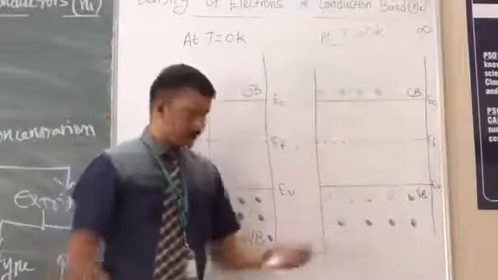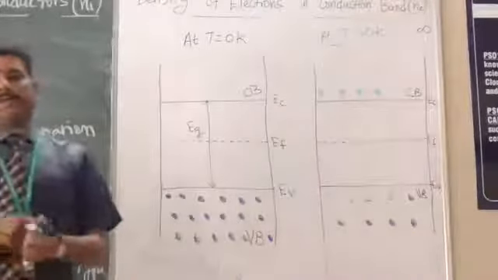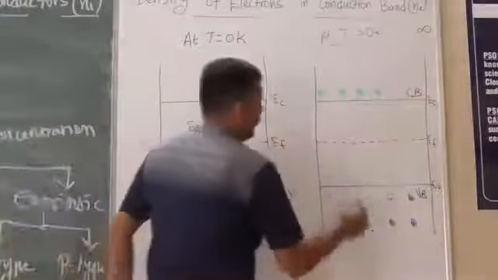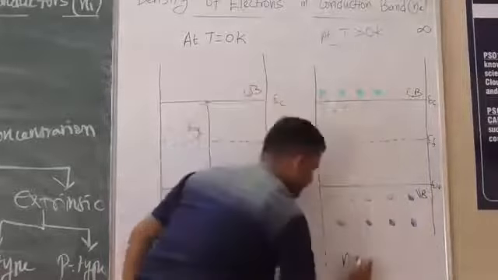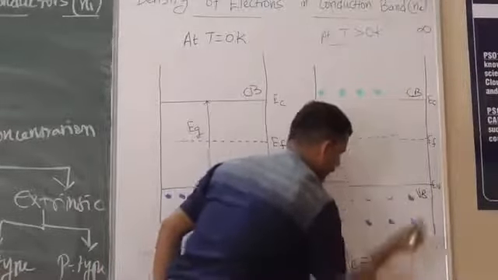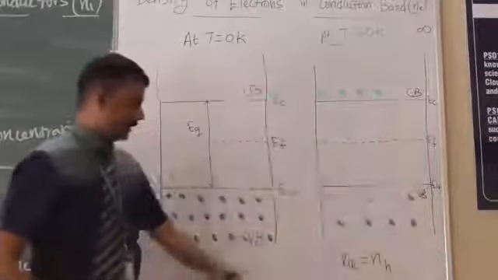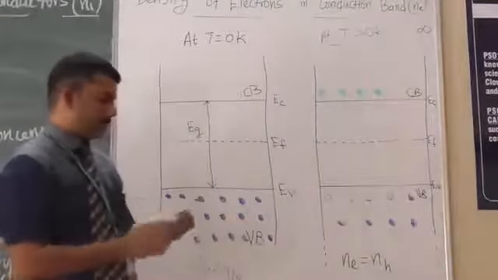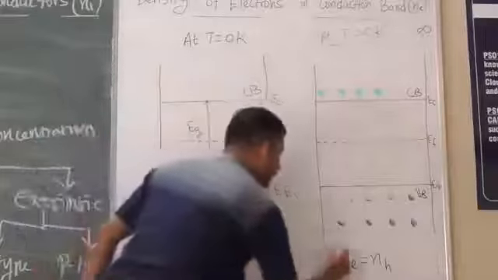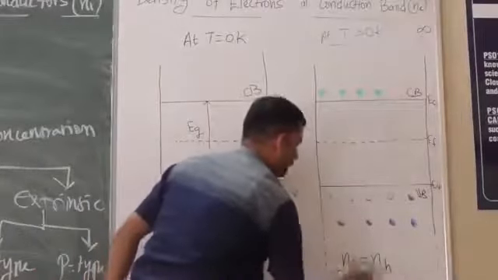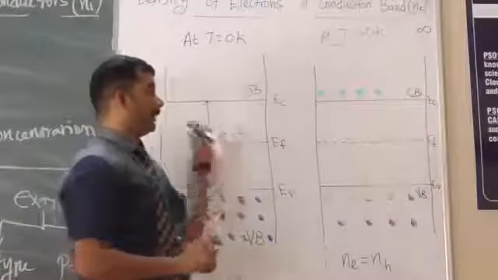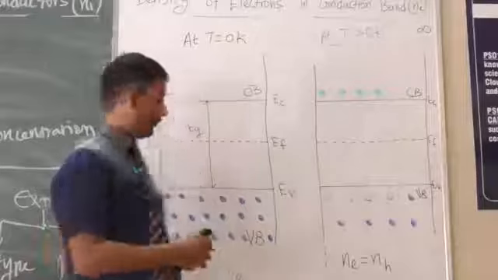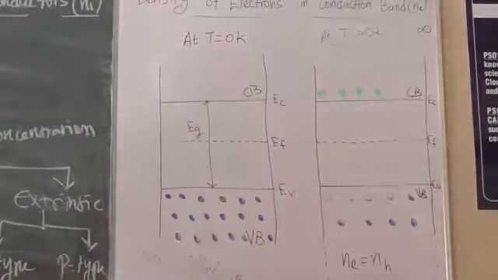Here, under equilibrium conditions, the number of electrons in the conduction band is equal to the number of holes in the valence band. This is the most important concept for calculating the carrier concentration value for an intrinsic semiconductor.